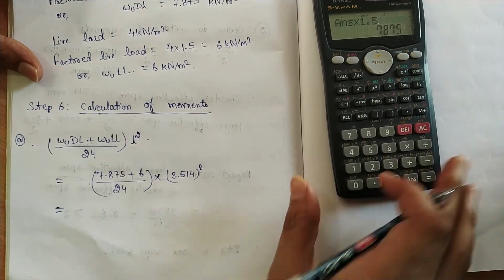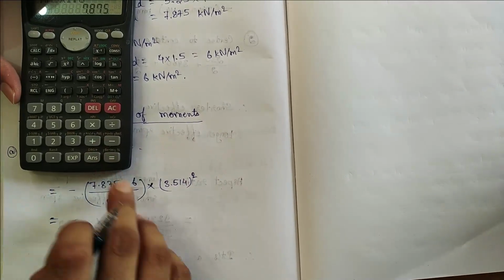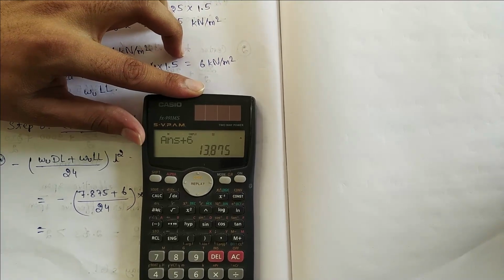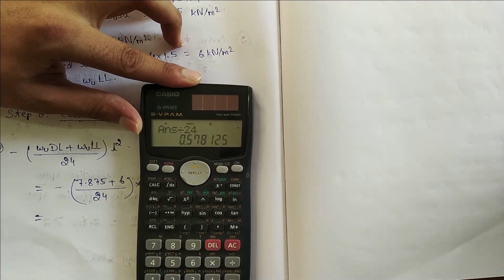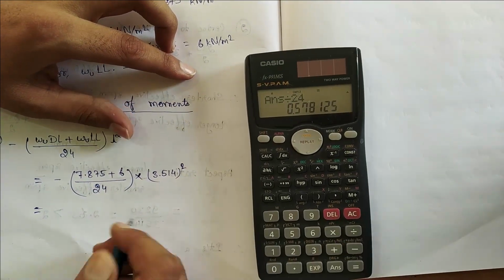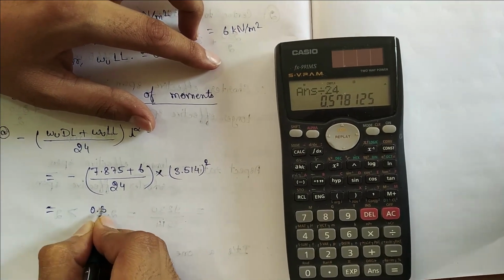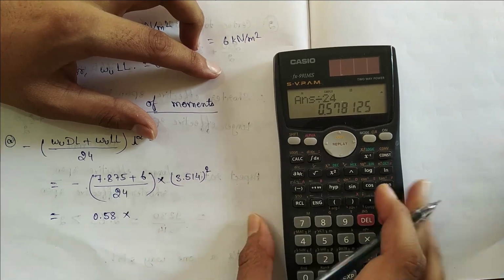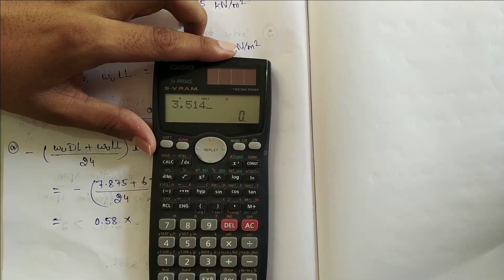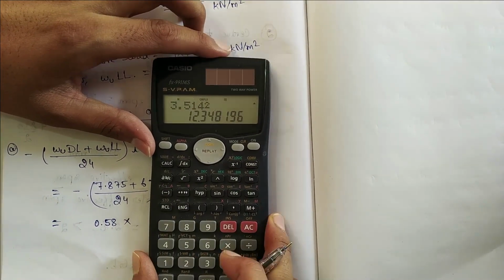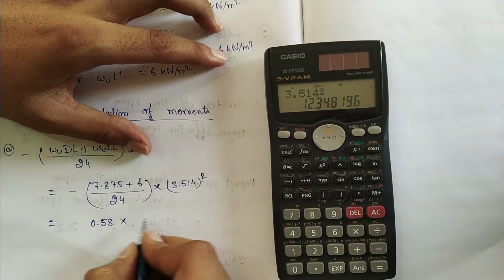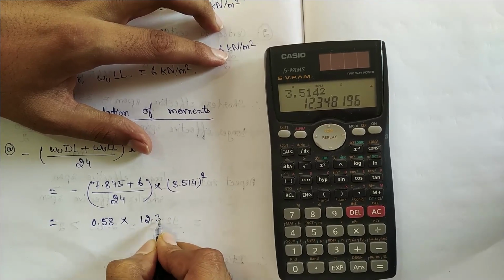Now I will calculate it. Answer plus 6, answer divided by 24, 0.578, we can write it as 0.58. Then 3.514 square, 12.348, so we can write it as 12.35.